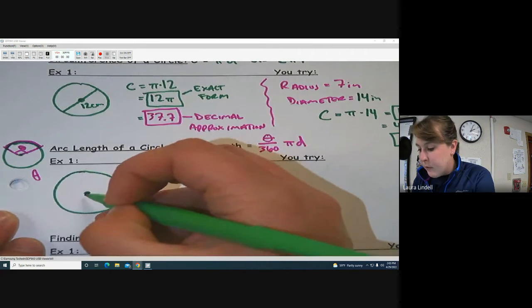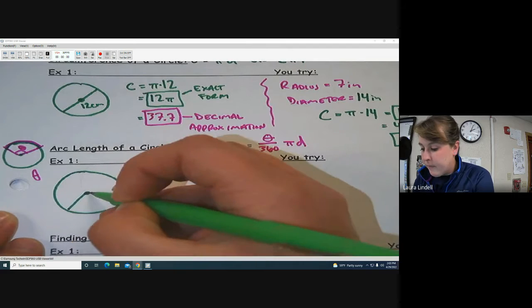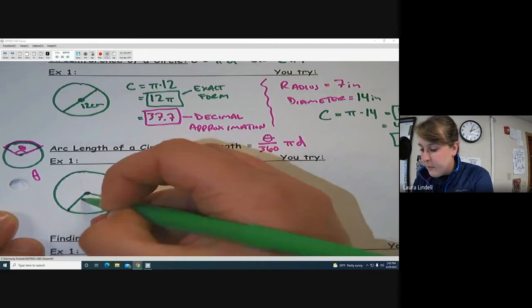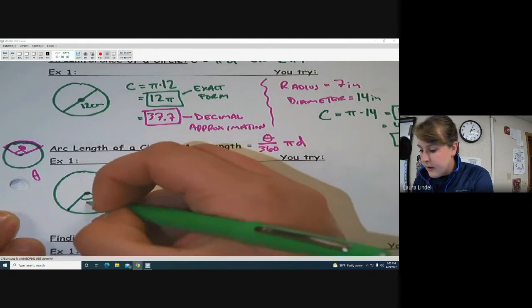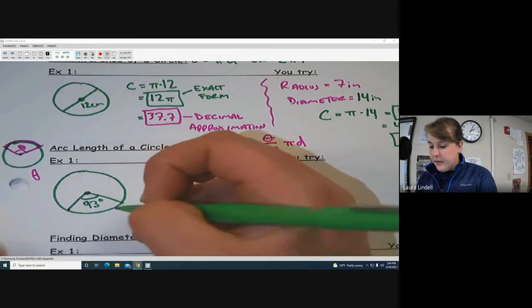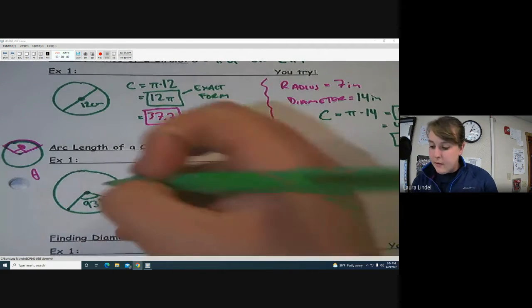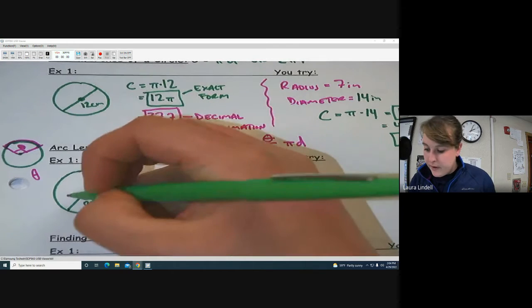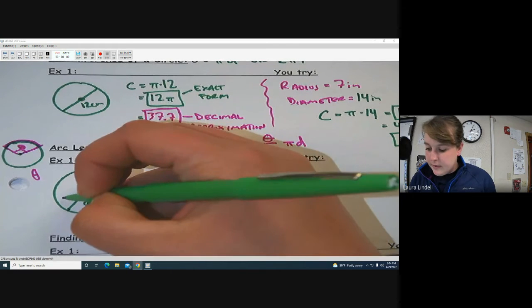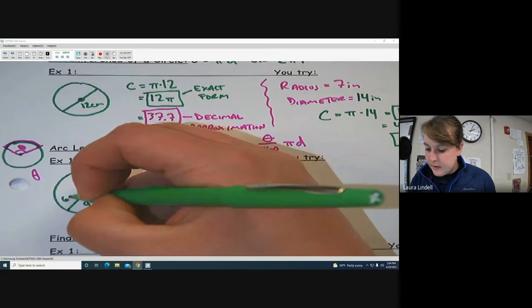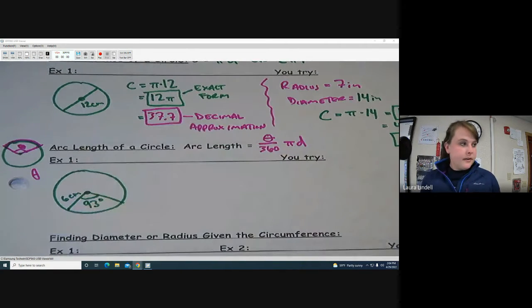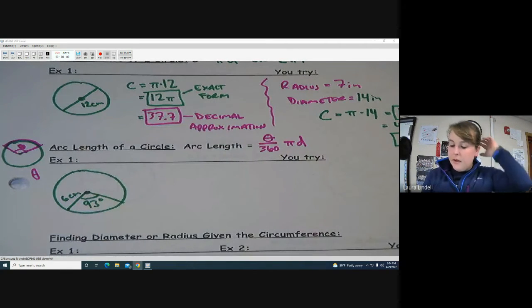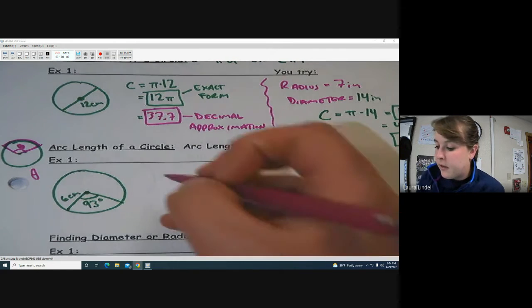So let's say I want the arc defined by the angle 93 degrees. And the radius of my circle is 6 centimeters. All right, so now I know the radius is 6 centimeters. I know my angle is 93 degrees. I can start plugging some stuff into my arc length equation.